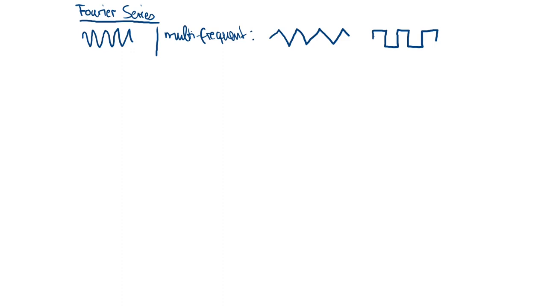So in what way do they differ from monochromatic signals? Both monochromatic signals and multi-frequent signals are periodic, and there is a relationship. So you can compose a multi-frequent signal out of many monochromatic signals.